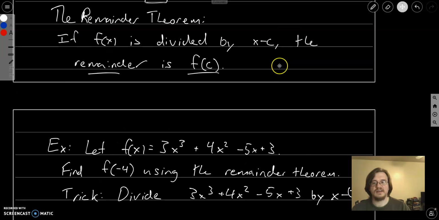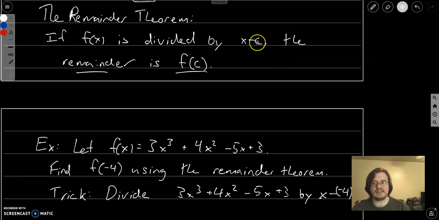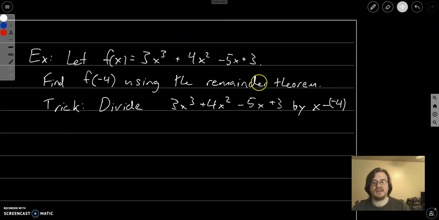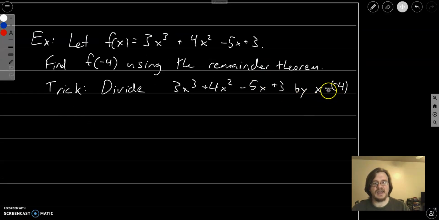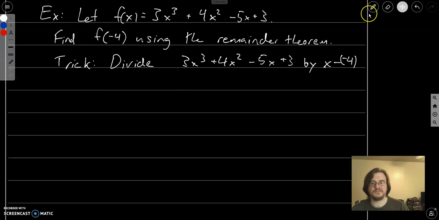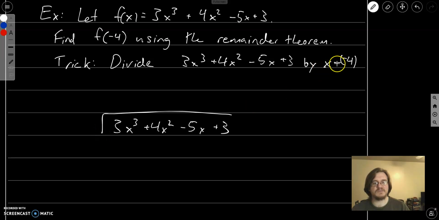So again, if you divide by x minus c, it's the same thing as plugging this into the function. C in this case is going to be negative 4, and we will find f of negative 4. So let's do this. If I take 3x to the third plus 4x squared minus 5x plus 3, I divide by x minus negative 4. Well, that's the same thing as x plus 4. Let's see what we get.